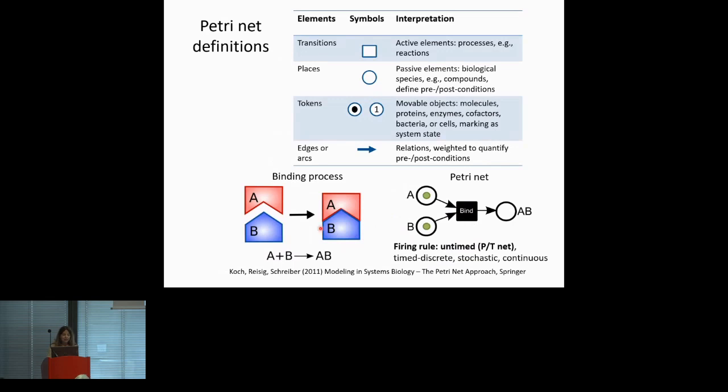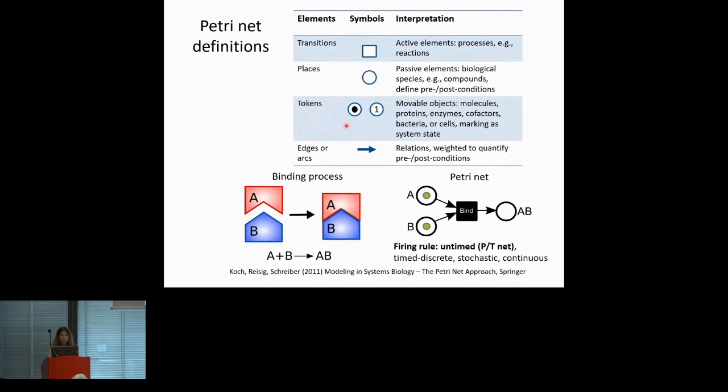Okay. So let me give you some Petri net definitions. We have the transitions for the active elements that can be processes, reactions. We have the places that are the passive elements representing biological species, compounds, and they define also pre or post conditions according to the arcs or edges they connect to the transition.